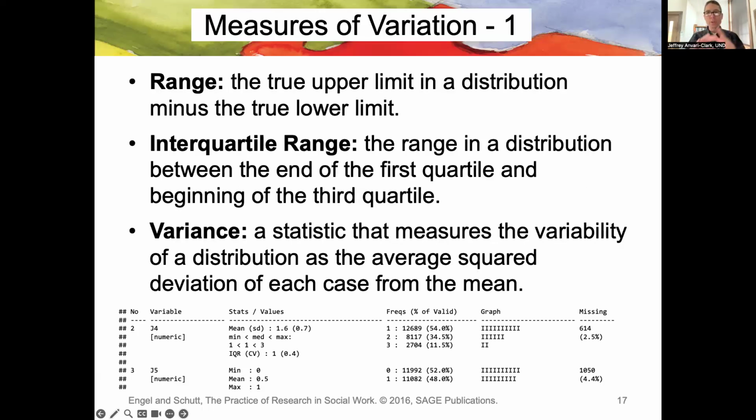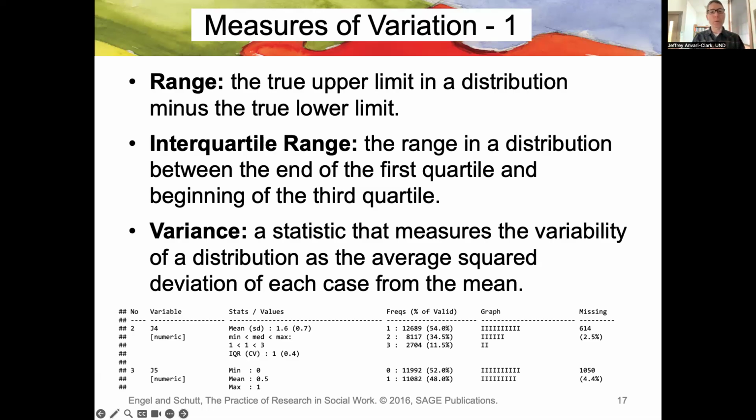So I've used some terms here. When we talk about the range, we want to know the upper limit and the lower limit; the range is kind of the true limit. What is the absolute top measure and the absolute bottom, the top response and bottom response.